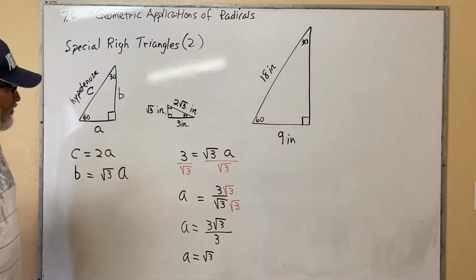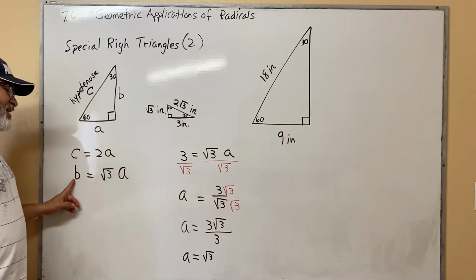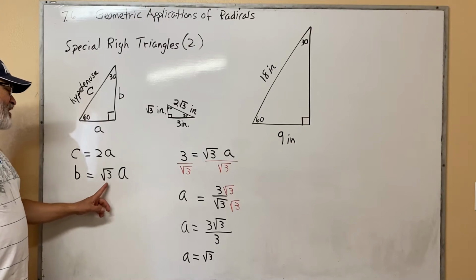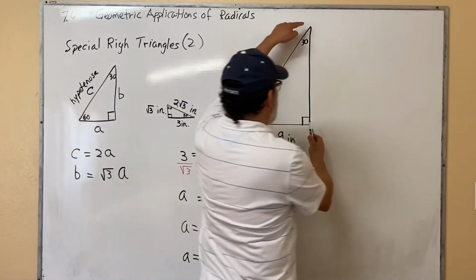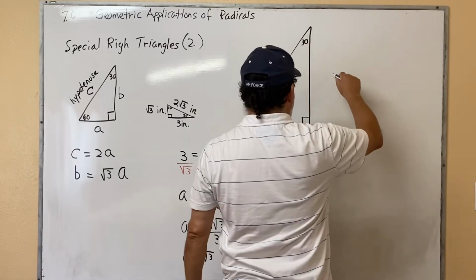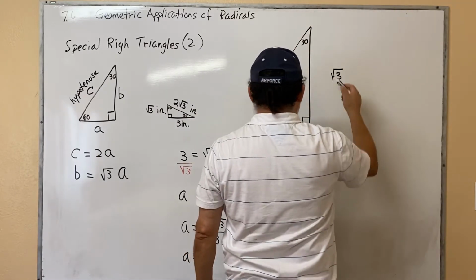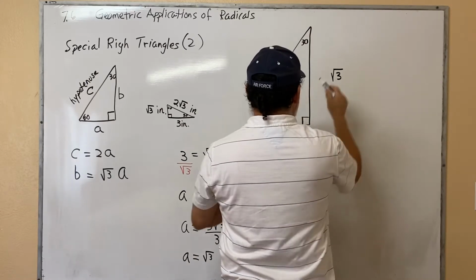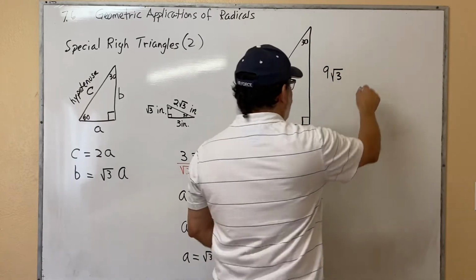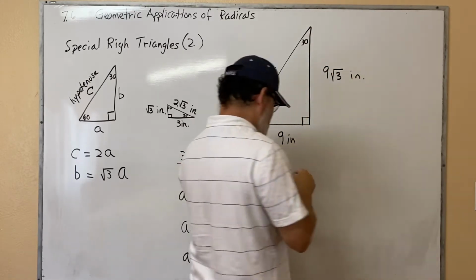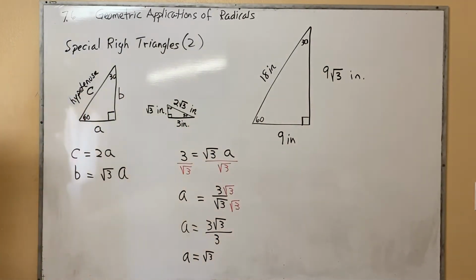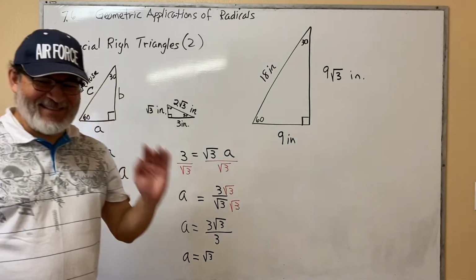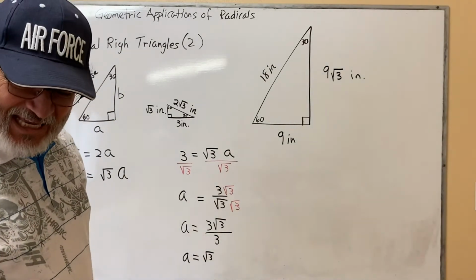The long leg is the square root of 3 times the small leg. Here's the long leg, it is the square root of 3 times what? The small leg, which is 9 inches. And you got it. You see? So this is the 30, 60, 90.